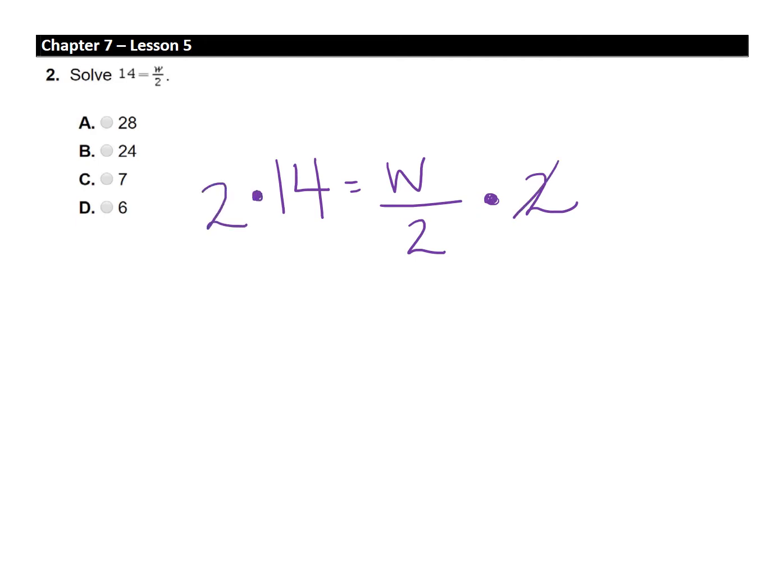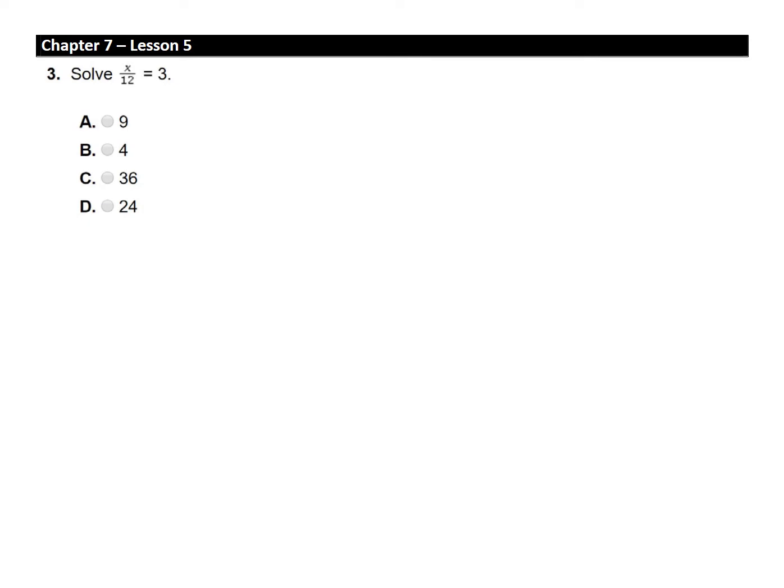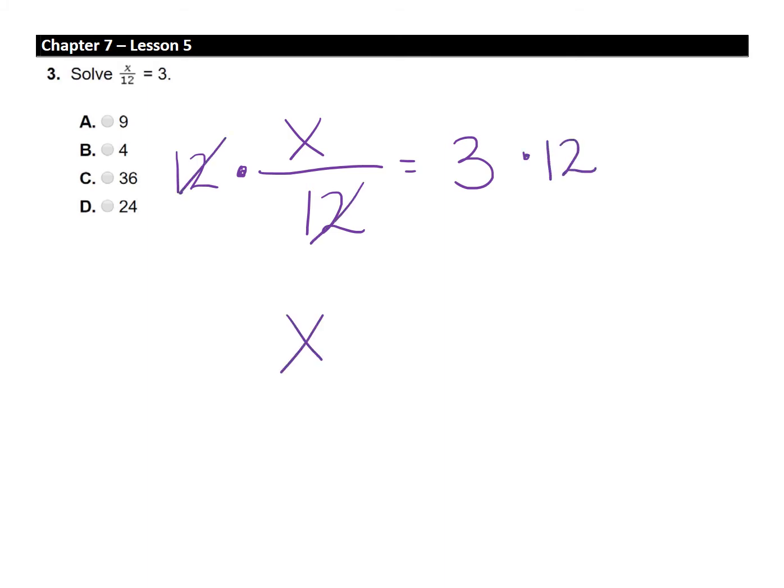They cancel each other out. w equals 28, and that's answer choice A. Question 3, solve x over 12 equals 3. So we're going to multiply by 12, multiply by 12, that cancel each other out. x equals 36, which is answer choice C.